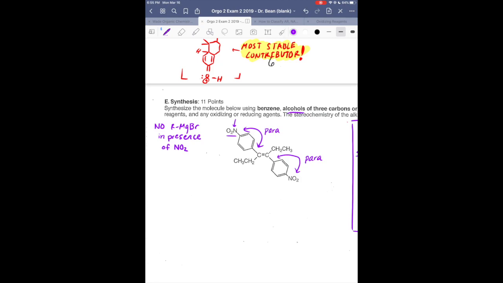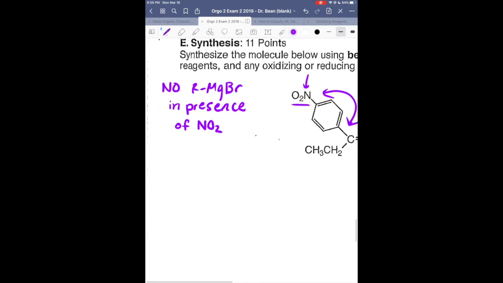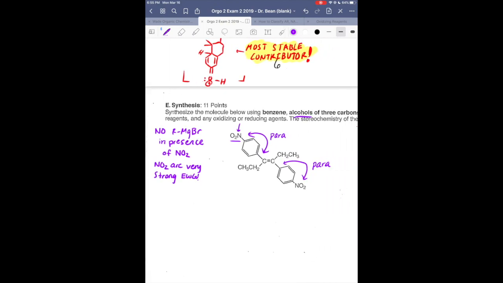Another thing about the nitros is nitro groups are very strong. Are they electron donating or electron withdrawing? So they are very strong electron withdrawing groups. The issue with having very strong electron withdrawing groups is for EAS, right?